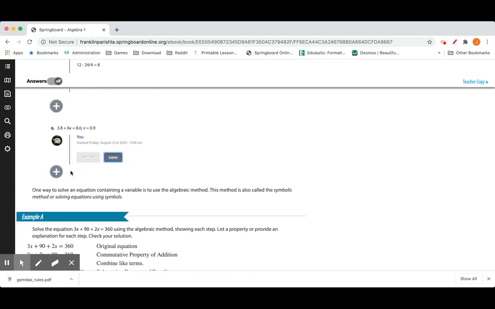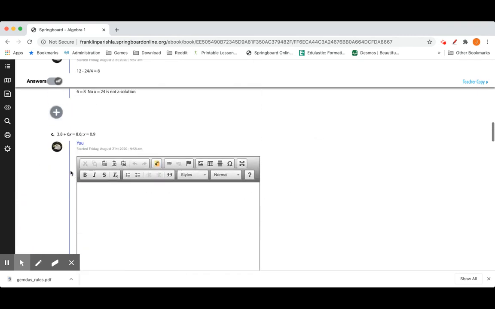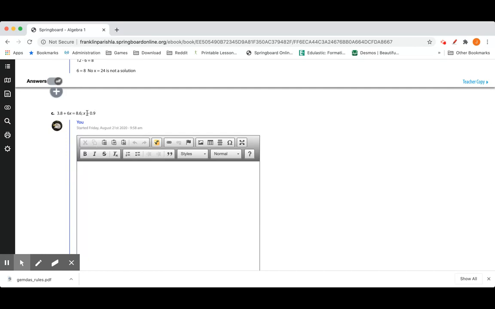And the last one, it's got a little bit of decimal in it, but that shouldn't change what we need to do. We're going to replace the x with 0.9. So it'll be 3.8 plus 6 times 0.9. And we're going to see if that equals 8.6.